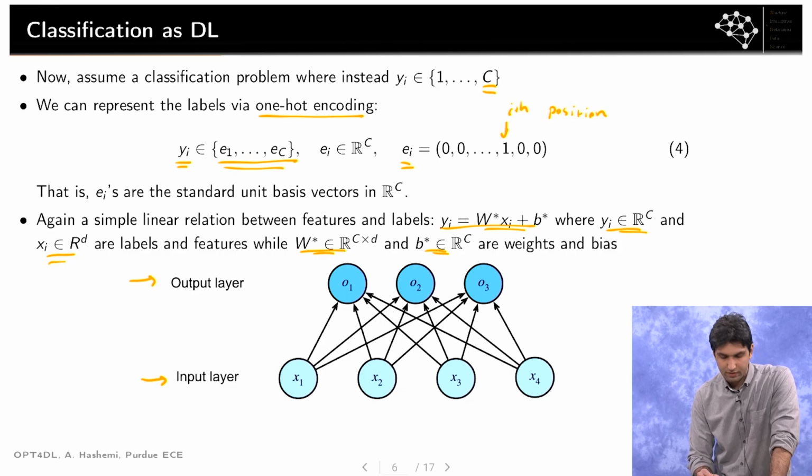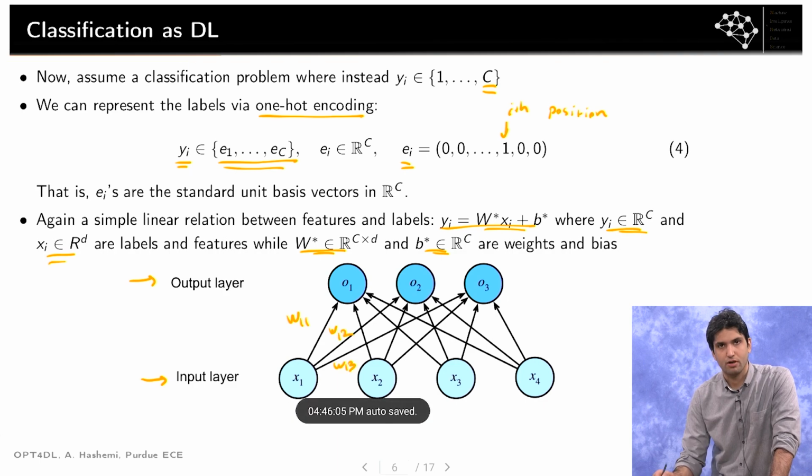Given that the output is going to be a vector, we take the first feature, multiply it with W_1,1 to get the first output, and then there's a link from this to all the other outputs as well. For instance, W_1,2 and then W_1,3, and so on.